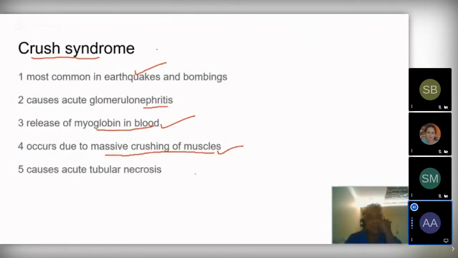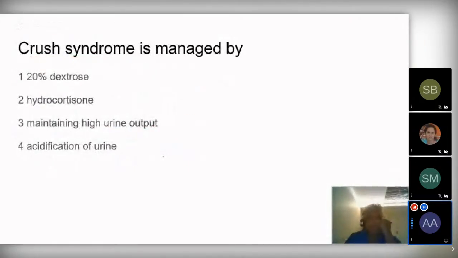So whether it causes ATN, acute tubular necrosis. Crush syndrome is managed by? Always remember, the excessive myoglobin gets into the circulation where the molecules are very high.